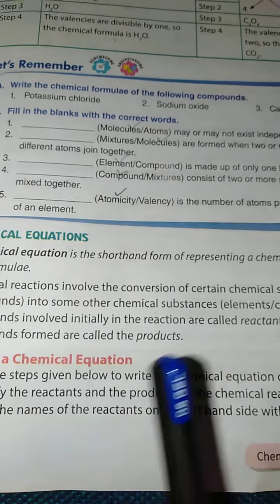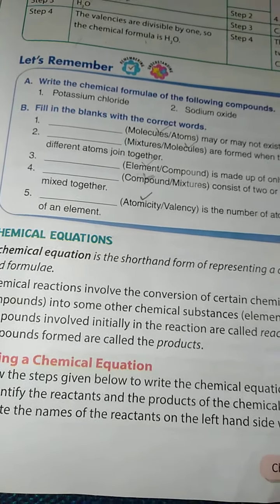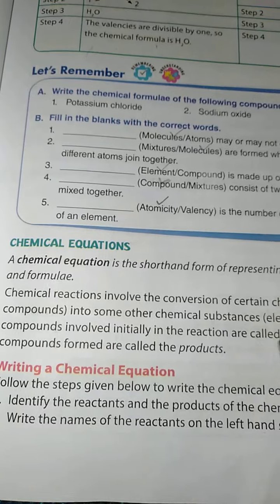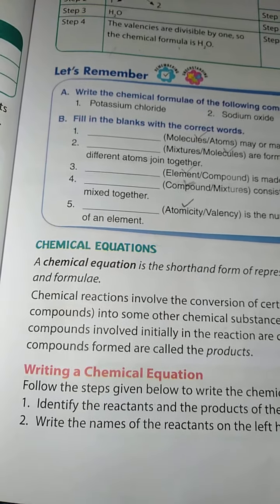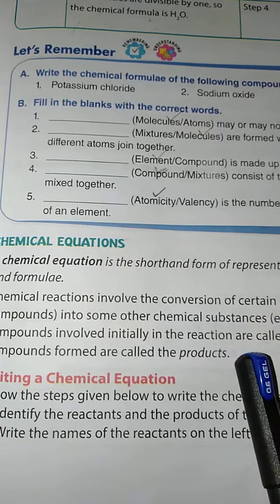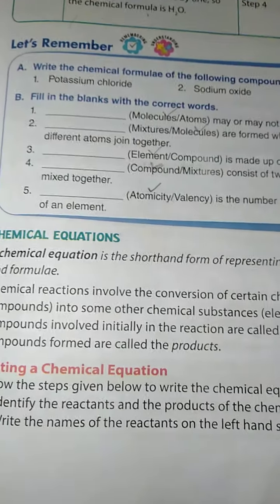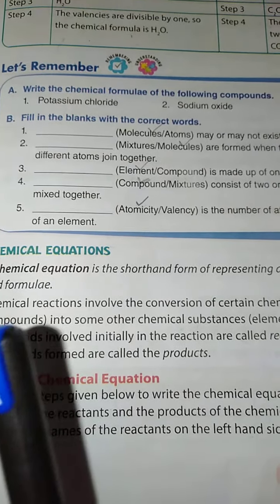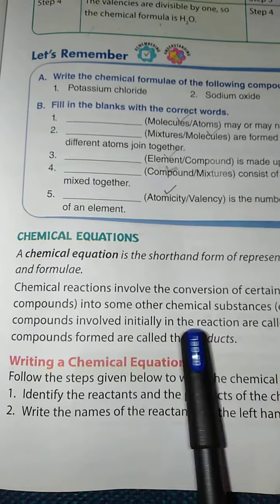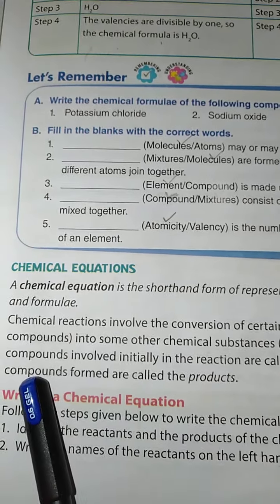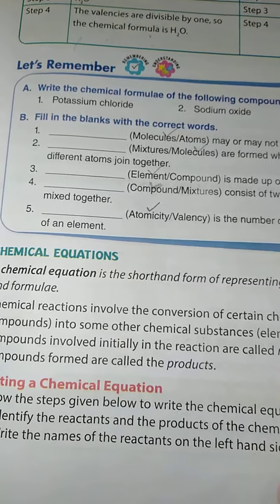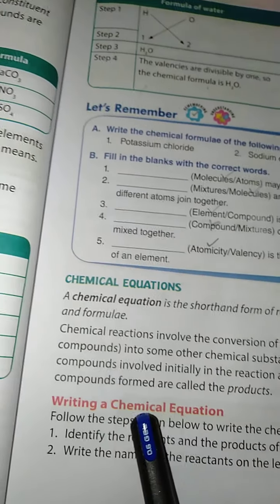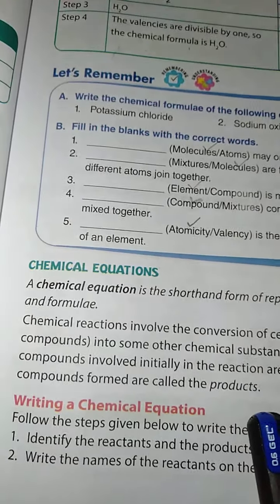Chemical reactions involve the conversion of certain chemical substances, like elements and compounds, into some other chemical substances, that is, elements and compounds. The elements and compounds involved initially in the reaction are called reactants. When two compounds or elements initially react with each other, they are called the reactants, and when we get the new products, the new elements and compounds formed, they are called the products.